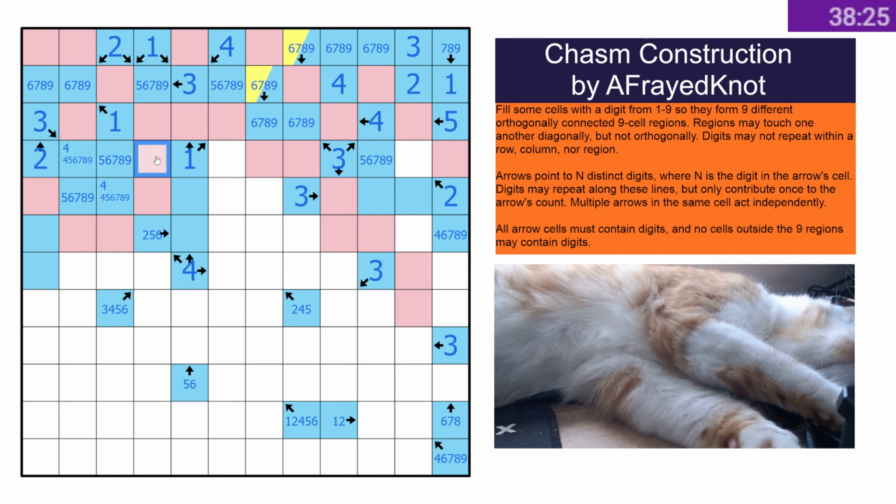So what did that do? If anything. Yellow's down here, but that could still be yellow. 4 along here. I kind of wanted that to be a 2. That's got to be the next step, hasn't it?